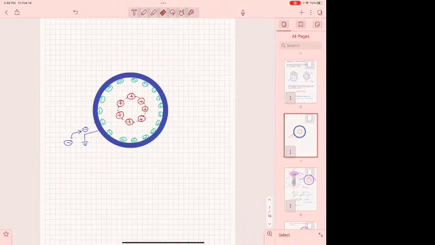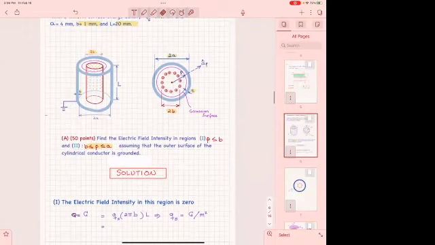that's why we had that. So now number one says, find the electric field intensity in regions. The one within that ring of charges, or that cylinder of charges, inside that cylinder, is region 1. So here, that is 1.